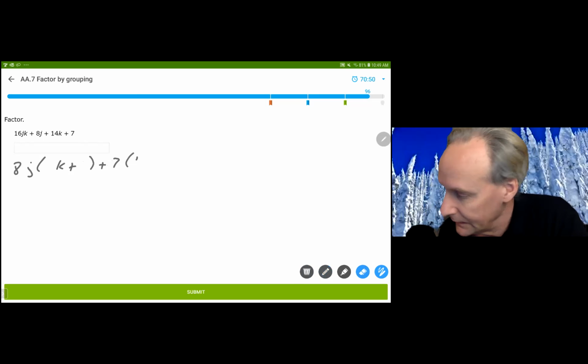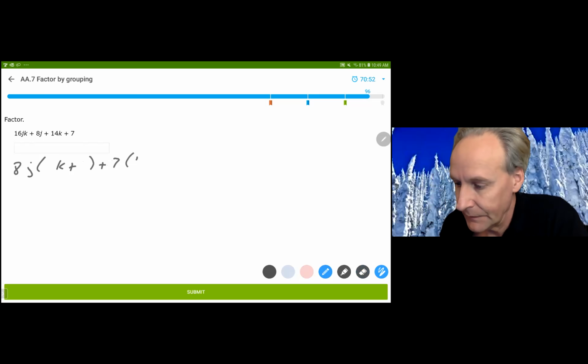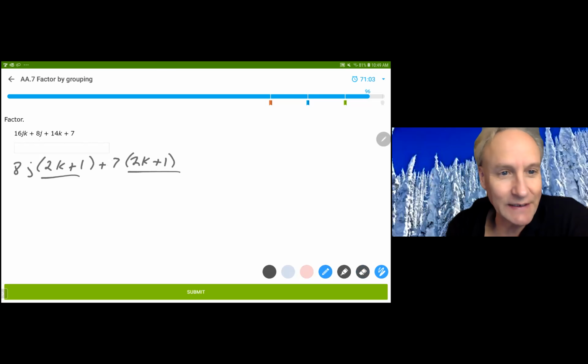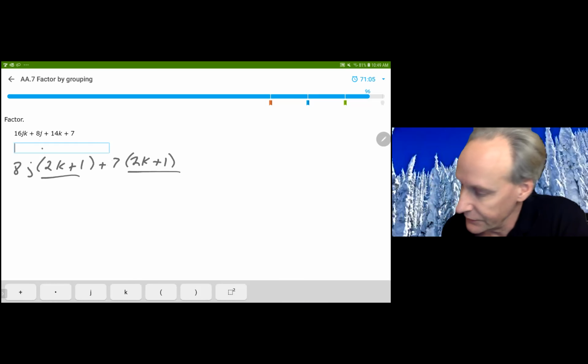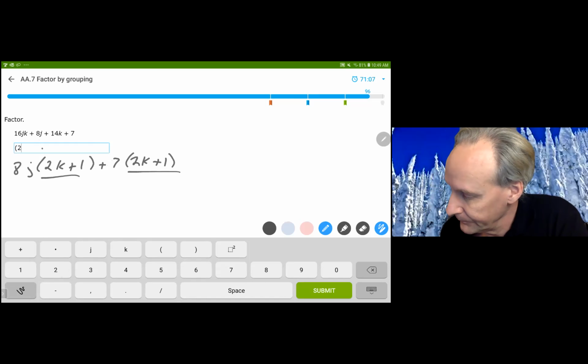Man, nothing like making mistakes. Take an 8j out of the first pair, and I have 2k plus 1. Take a 7 out of the second pair, and I have a 2k plus 1. The thing is that the common factor saves me sometimes. So we have a 2k plus 1 and an 8j plus 7.